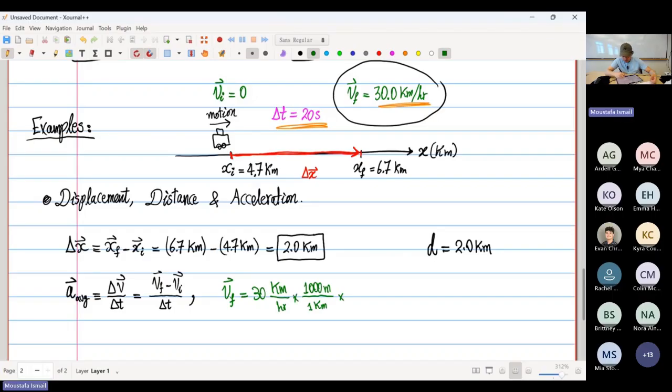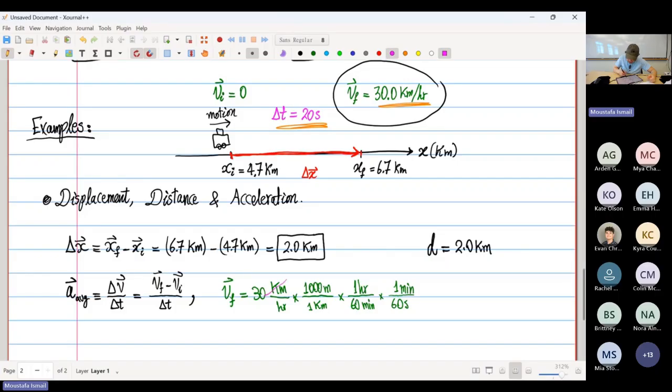And then to remove hours, I will multiply by 1 hour in the numerator, divide by 60 minutes in the denominator, and then for each minute, we have 60 seconds. Okay, and now the units cancel.